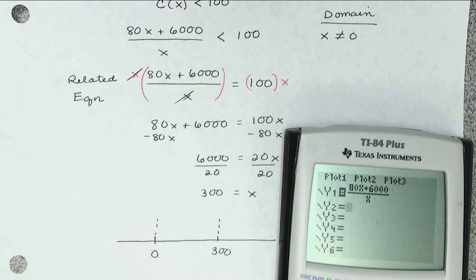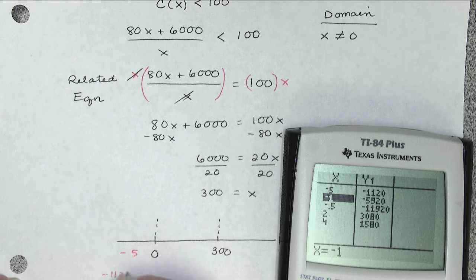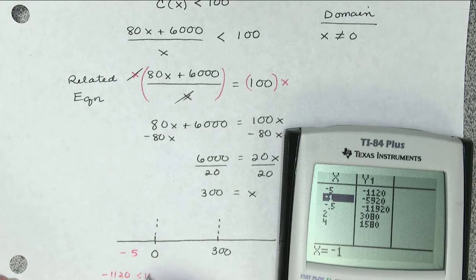And let's see, in the table, I'll test a couple of values. I'm going to put in like a -5 or something like that over here. And I get -1120, and I want that to be less than 100, which it certainly is.